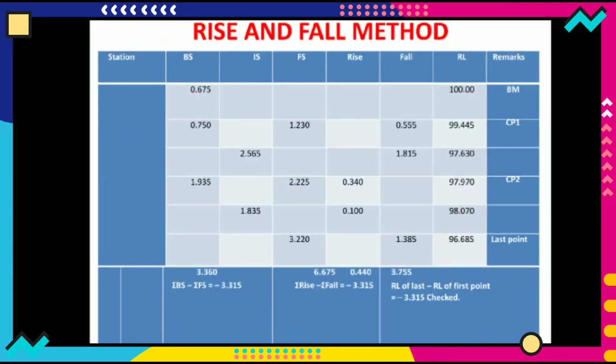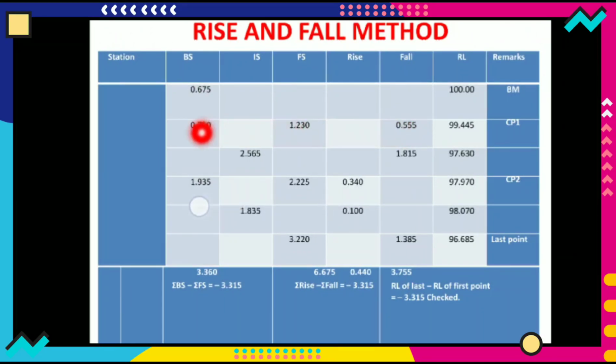Then this problem can be solved by using the rise and fall method. All these things, the first, second, third and fourth columns are the same; only we remove the HI column and add two columns, rise and fall. This minus this is equal to minus 0.555, so that will be written in the fall column.